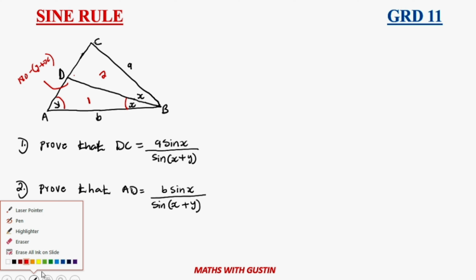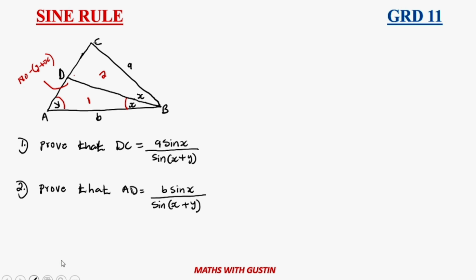What I'm saying is that if we know this triangle here, we should be able to get this one here in blue. We get it by angles on a straight line, which are equal to 180.